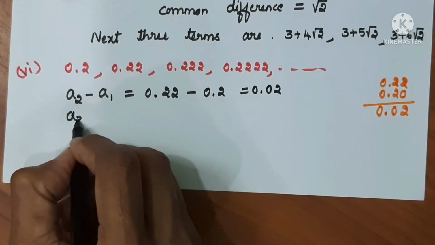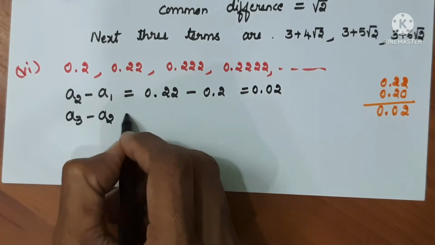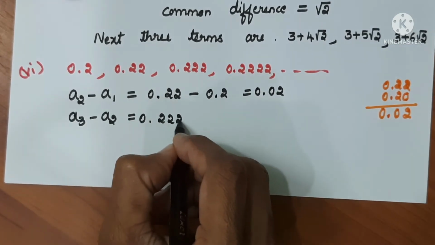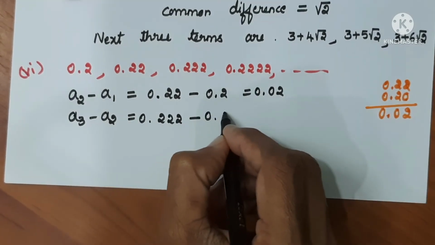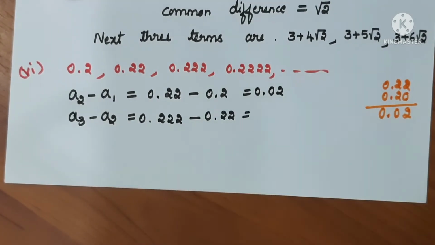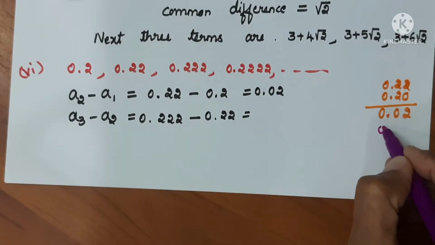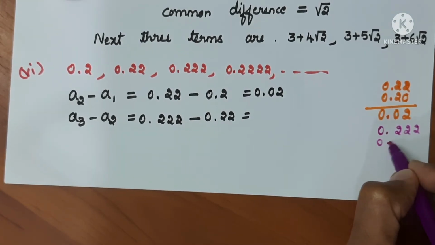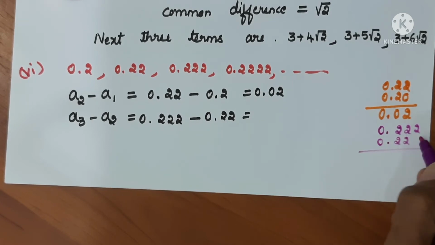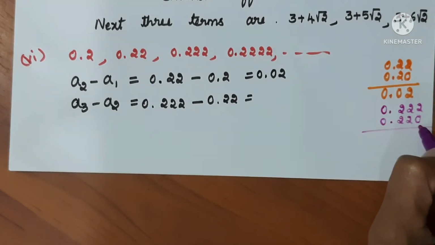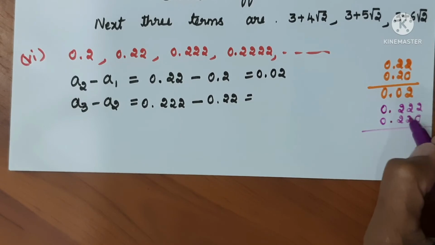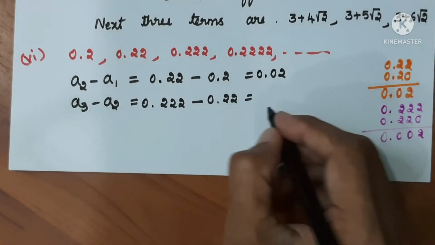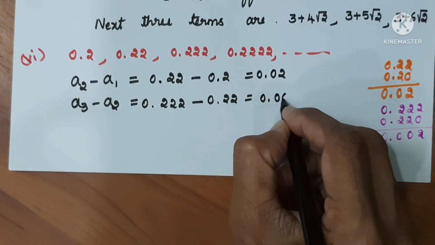Again A3 minus A2 equal to third term is 0.222 minus second term is 0.22. First let us subtract 0.222 minus 0.22. Here 2 minus 0 is 2. 2 minus 2 is 0. 2 minus 2 is 0. So the difference is 0.002.